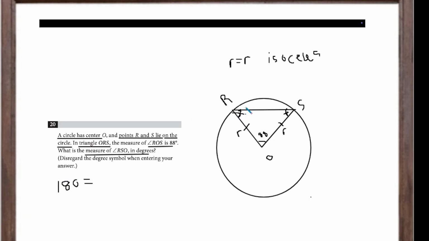Therefore, we can write an equation for the angles inside the triangle. 180 degrees is the sum of the angles inside a triangle. So 180 is equal to 88 plus 2x, as there are two of the same angles, each represented as x. We run a two-step equation: subtract 88 from both sides, and we get 92 is equal to 2x.